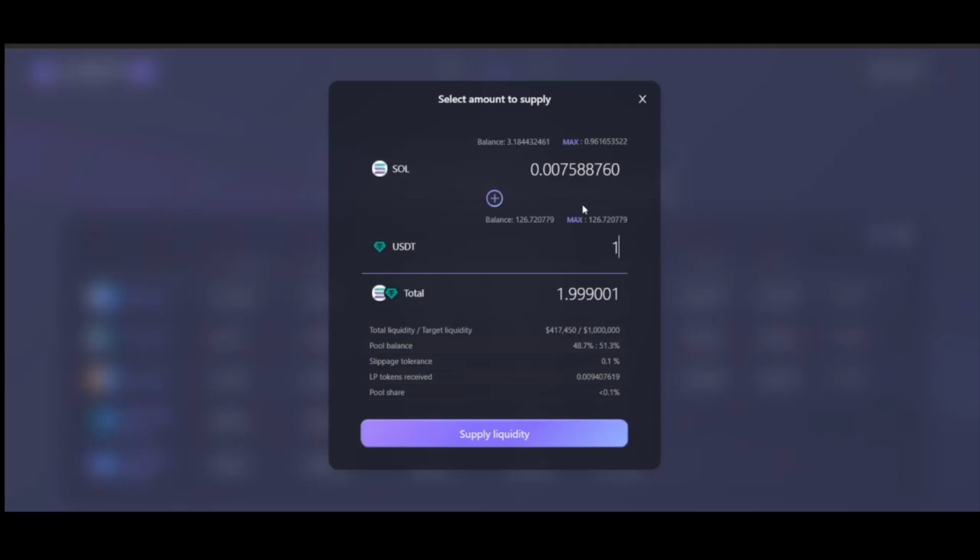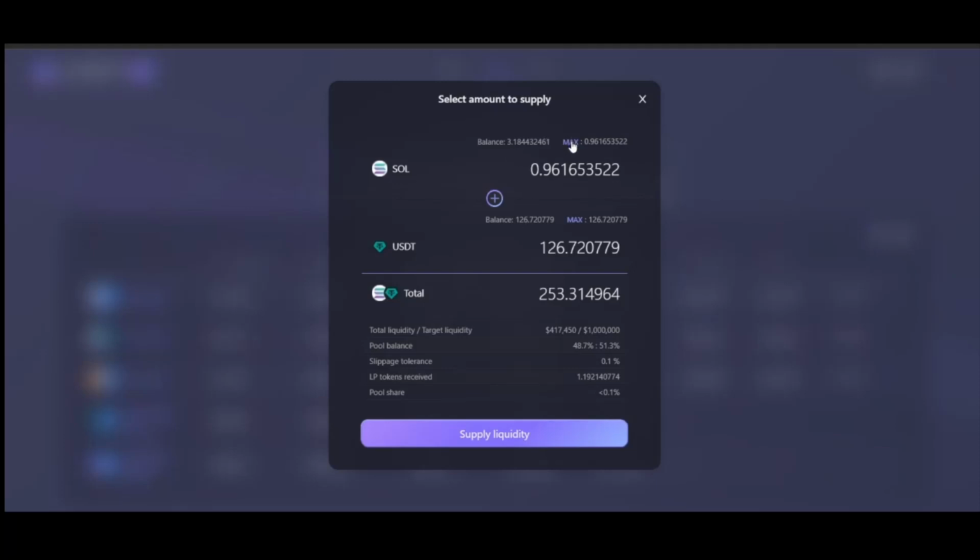And if I want to deposit the maximum I can just click the max button, and you'll notice that although my total balance is more than 3 Sol, when I click max, it only shows less than 1 Sol. The reason for that is I have more Sol than I do USDT. So I don't have enough USDT to match all the Sol that I have.